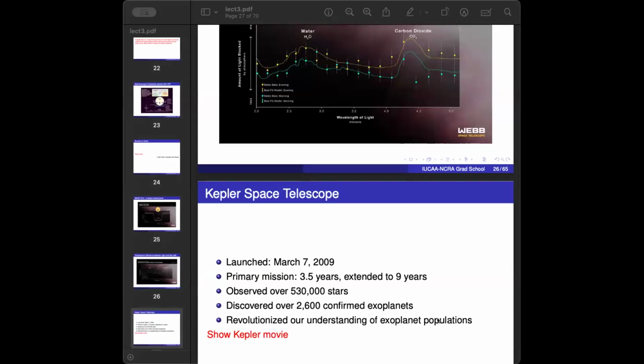This movie I can play. So this is supposed to be our galaxy. We're sort of zooming in. This is the sun, and Kepler is near Earth, and it is looking in this particular direction. This arm is known as the Cygnus arm of the Milky Way.